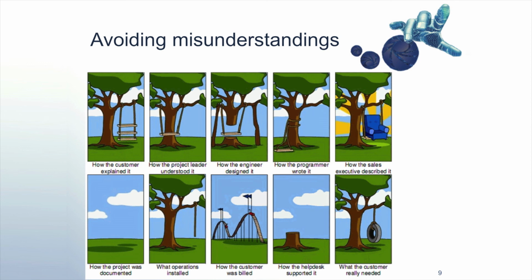I particularly like the bottom left one, how the project was documented, i.e. it wasn't zero. But classically it shows ultimately that what the customer actually needed was not necessarily what was delivered. And this typically occurs because there's a multiplicity of people and processes involved in getting from the original specification to the finished article, and unless that's tightly controlled, then what's going to be delivered isn't necessarily going to meet the original specification.